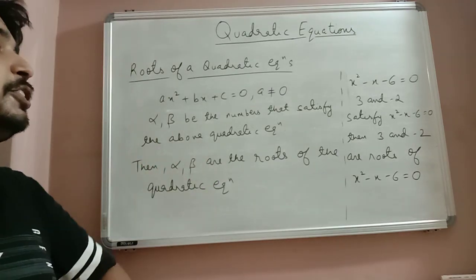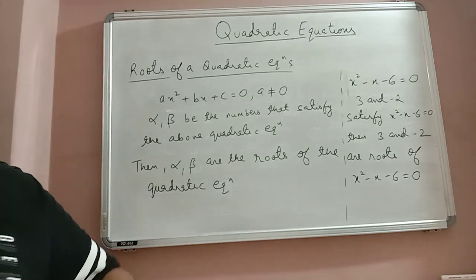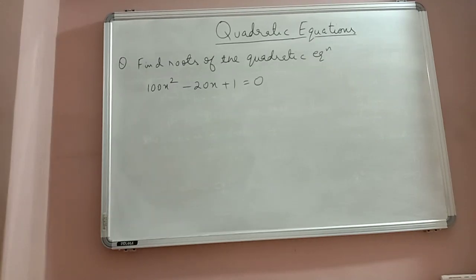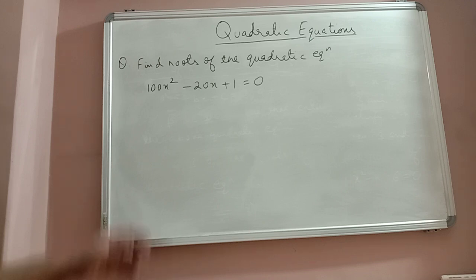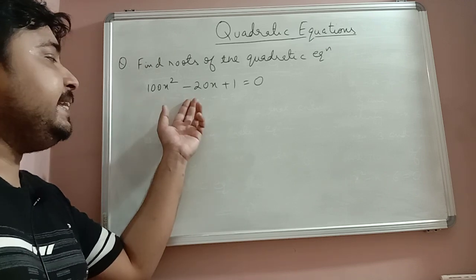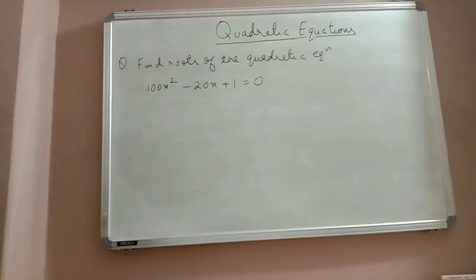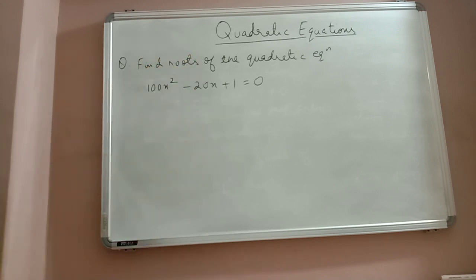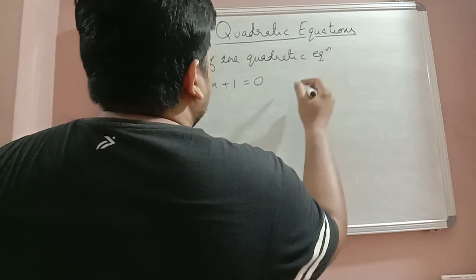Alright, let's do some questions to find out the roots of a quadratic equation. Now students, let's take up this question. Find the roots of the quadratic equation 100x square minus 20x plus 1 equals to 0. Now I'll apply the splitting the middle term method and factorize this quadratic equation in order to find its roots. So for that we need to write down the sum and the product.